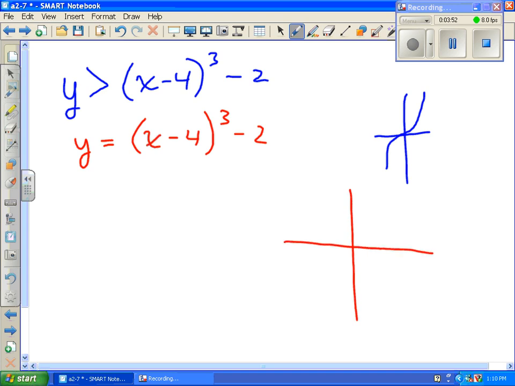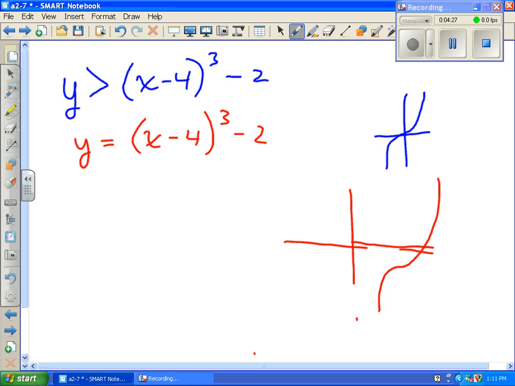We go over 4 on the x-axis in the positive direction, and we go down 2. So it would be roughly like this. Oops, let me try this one again. It would be roughly like this, right? That's related to the parent graph by being shifted over 4 in the positive x direction and shifted down 2.